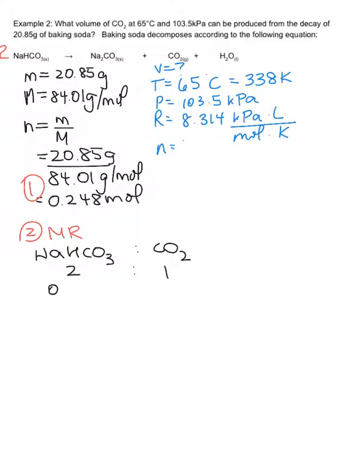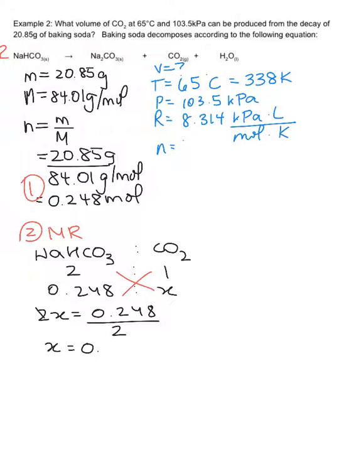So if I have 0.248 moles, I can solve for the number of moles of carbon dioxide by cross-multiplying this. So 2x equals 0.248. Divide that by 2, it's a half ratio. So if I look at this, I have 0.124 moles of carbon dioxide.